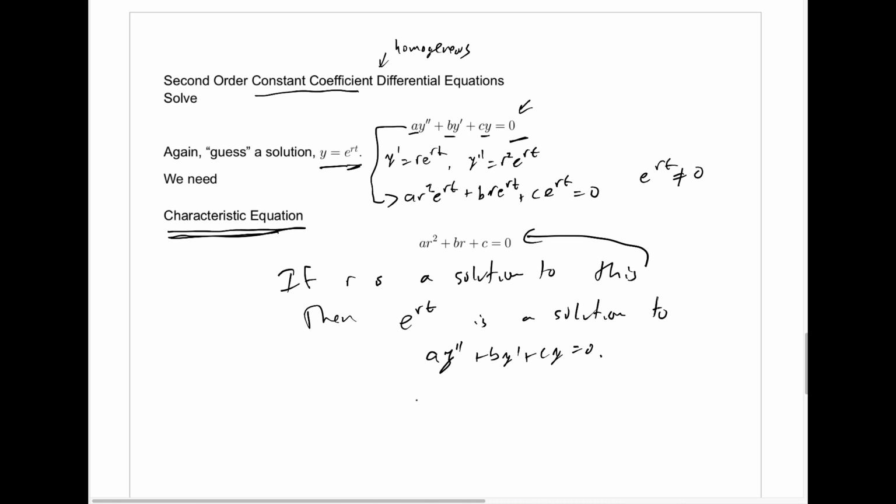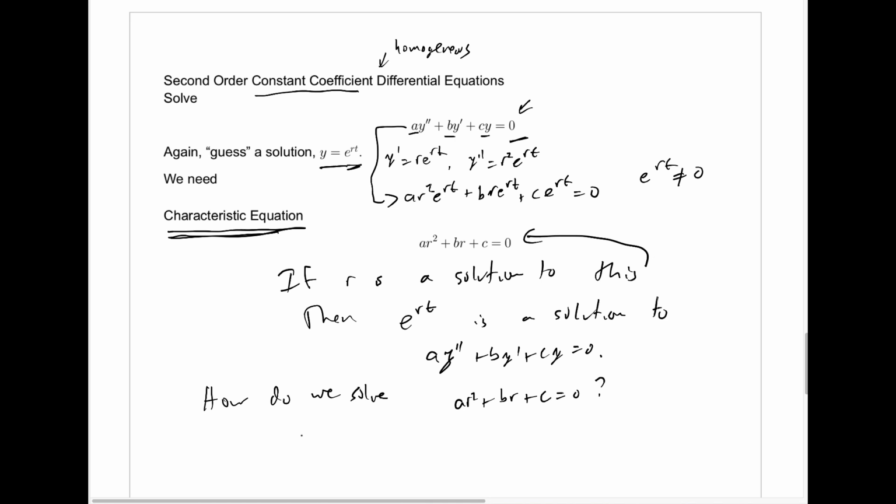Of course, this is a quadratic equation, and everybody should remember how to solve a quadratic equation. How do we solve ar squared plus br plus c equals 0? We probably learned that in middle school or maybe in high school.